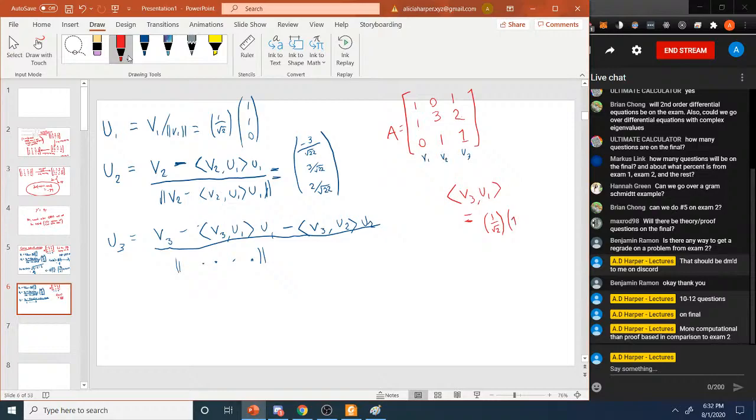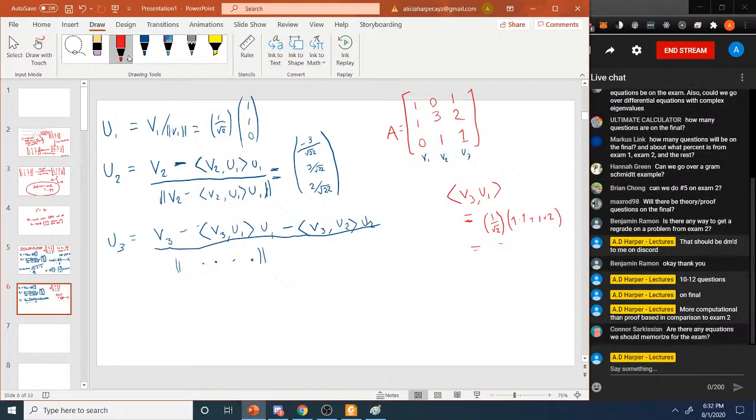So in fact, I just get 1 times 1, plus 1 times 2, and then the other thing cancels because it's just 0, so I get 3 divided by the square root of 2.